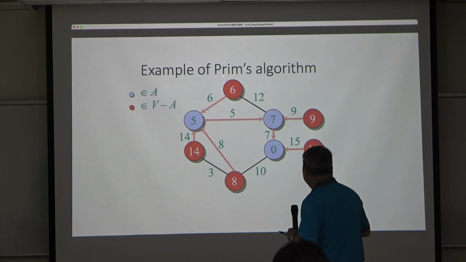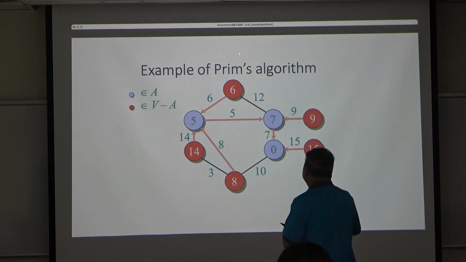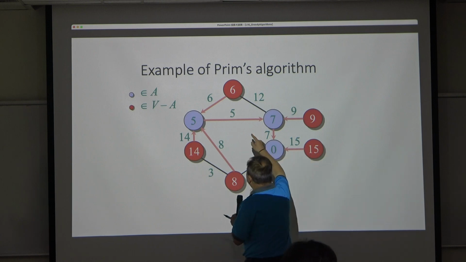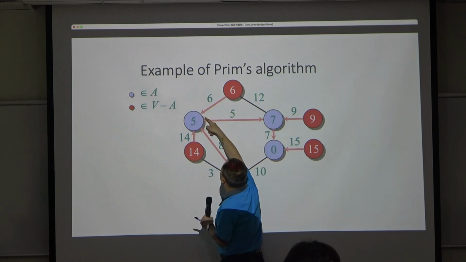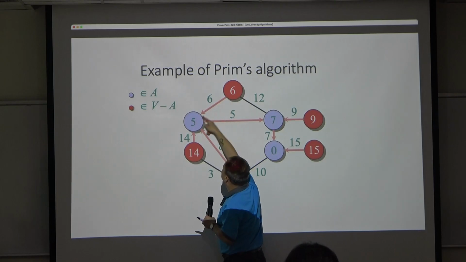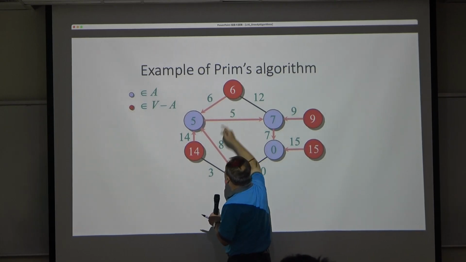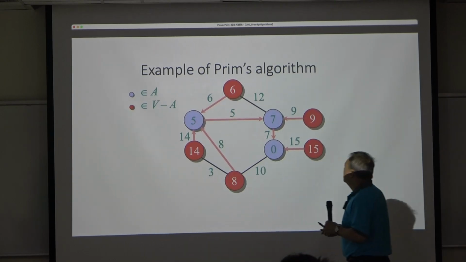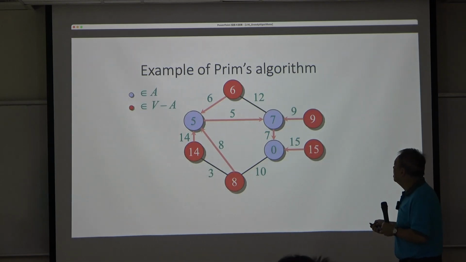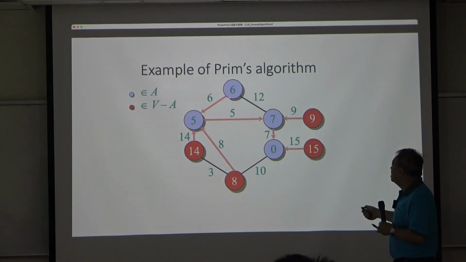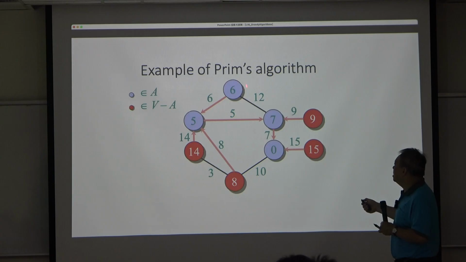Then next we pick whichever has the smallest key, which is 6. So we include this edge into the minimum spanning tree. The neighbor is already in the tree, the blue node, so we don't need to do anything.